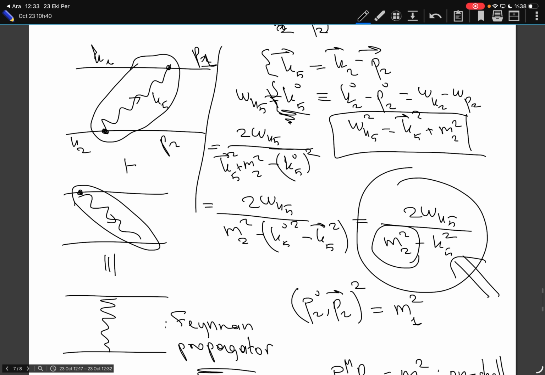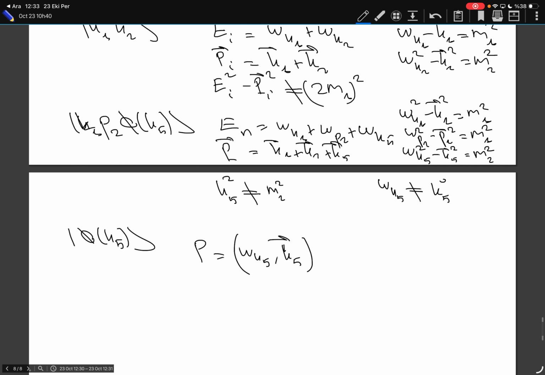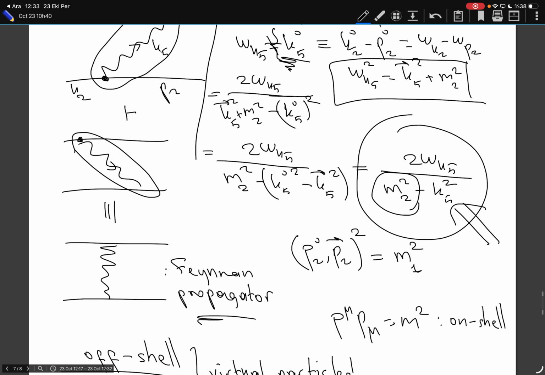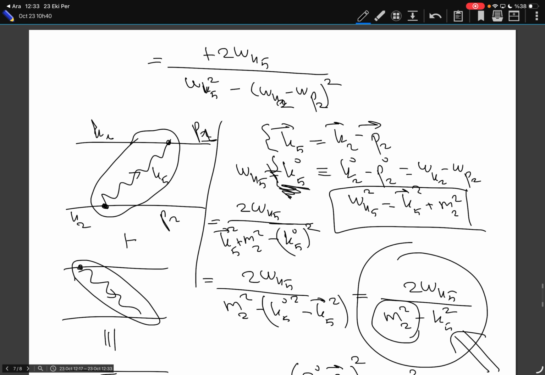If you identify that with the zero component of the particle, then of course you are changing everything, and hence that four-momentum doesn't satisfy the equation of motion in momentum space, which is p squared equals m squared. But you see, we in general invented this k5 0. I just made such a definition.